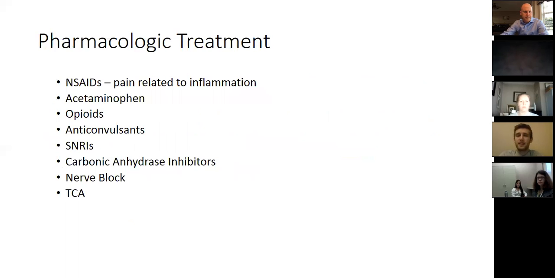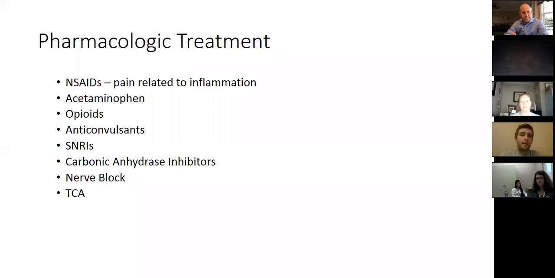Opioids can be considered. They're typically not very effective for any of these pain syndromes because most of them are neuropathic in nature, and also with opioids having the potential to sometimes cause increases in intracranial pressure, they may not be the best option, but patients will sometimes be put on those.